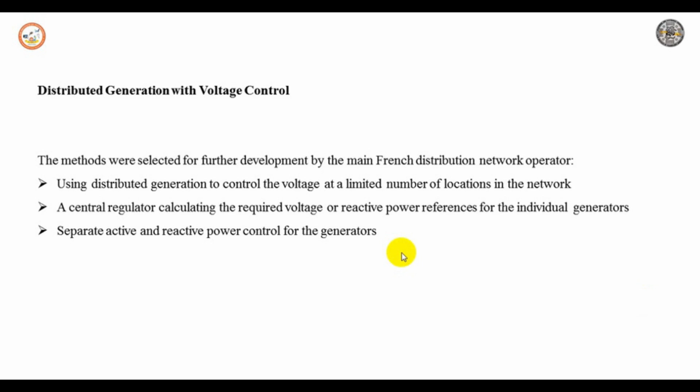These are possible methods for letting distributed generation actively contribute to the control of voltage in the distribution network. The methods were selected for further development by the main French distribution network operators: using distributed generation to control the voltage at a limited number of locations in the network, a central regulator calculating the required voltage or reactive power references for these individual generators, and a separate active and reactive power control for the generators.